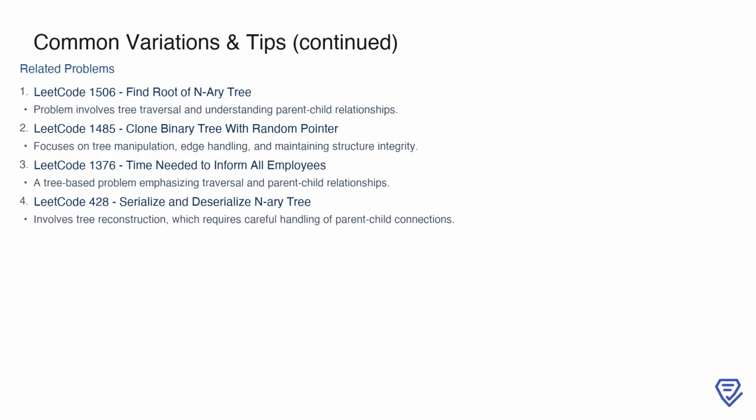Another related problem, LeetCode 1376, involves calculating the time needed to inform all employees in an organizational hierarchy, a tree-based problem that highlights traversal and parent-child dynamics. Finally, LeetCode 428, which focuses on serializing and deserializing N-Ary trees, requires careful handling of parent-child connections during reconstruction. Familiarizing yourself with these problems can provide valuable insights and techniques for solving tree-related challenges.